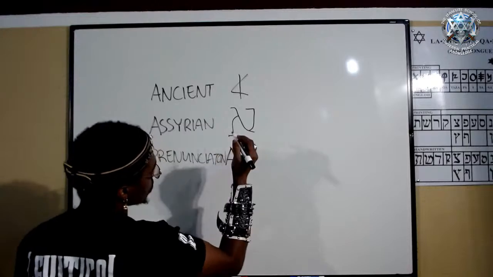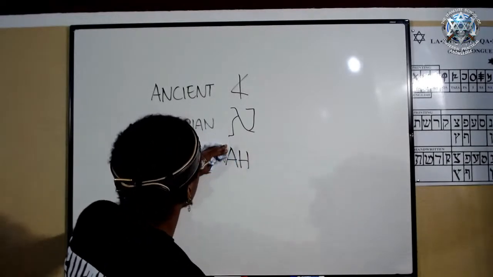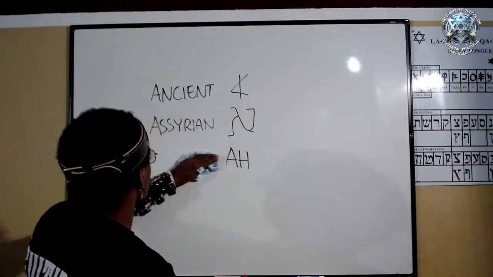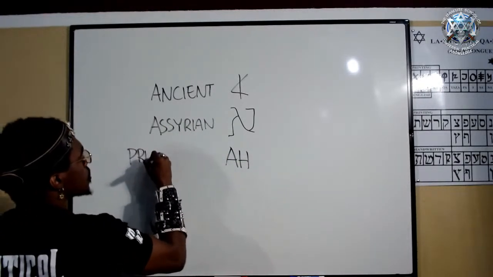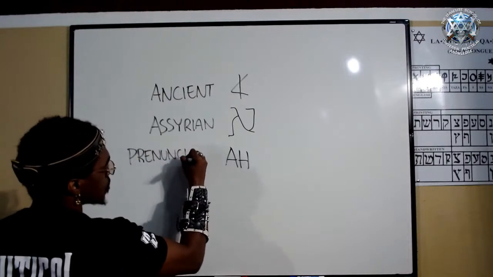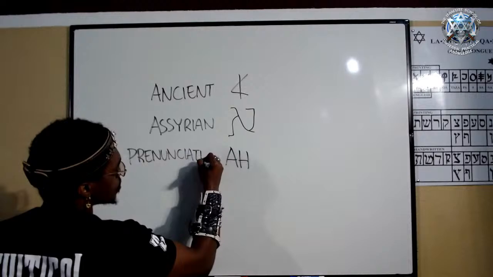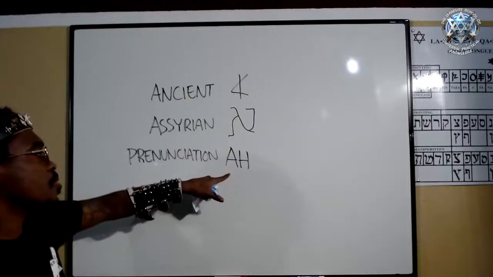It's a long word. Let me try it again. All right, so we have the ancient, the Assyrian, and the pronunciation.